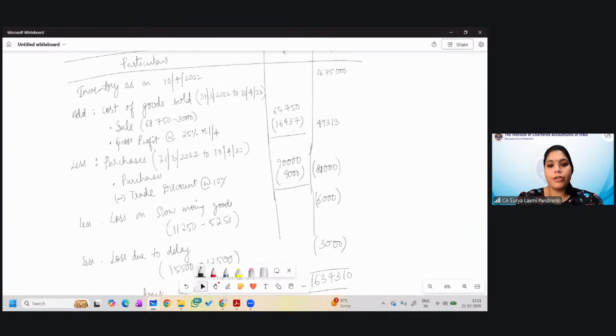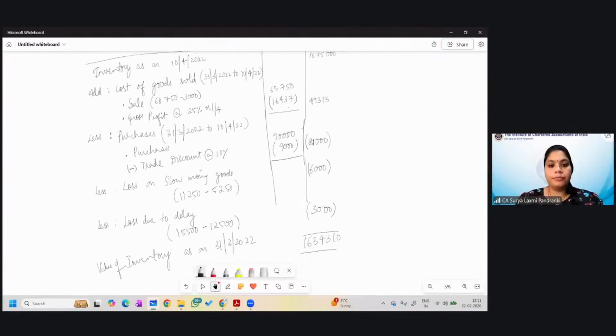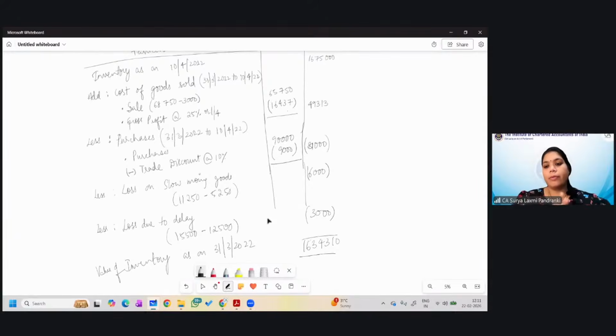Did everyone finish? Inventory as on 31st March 2022. Yeah, removing these losses because these losses have to be shown in your P&L statement. I've mentioned this before also. Anything which is abnormal cannot be included in your trading account. Pratik, you're right.